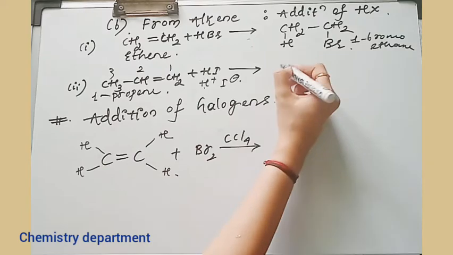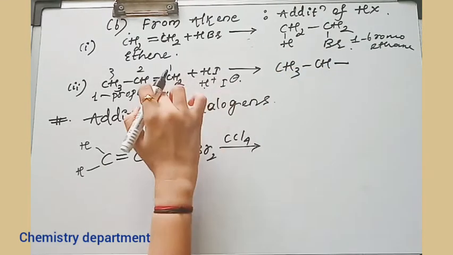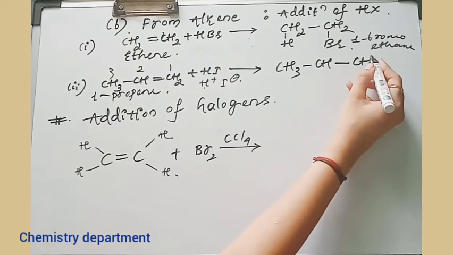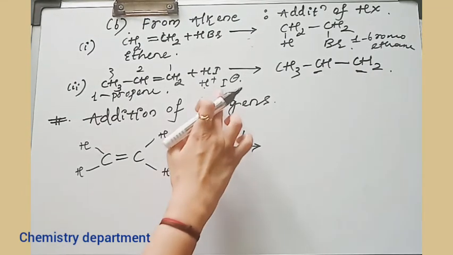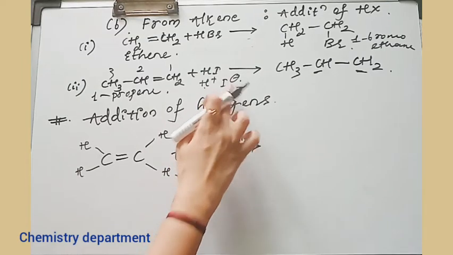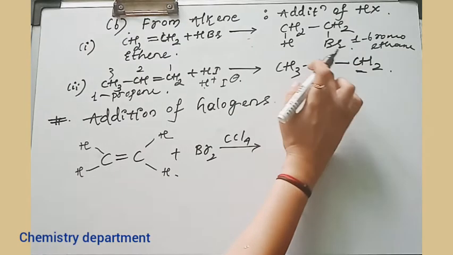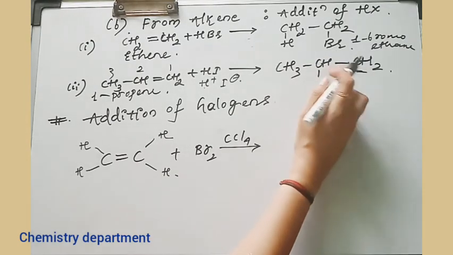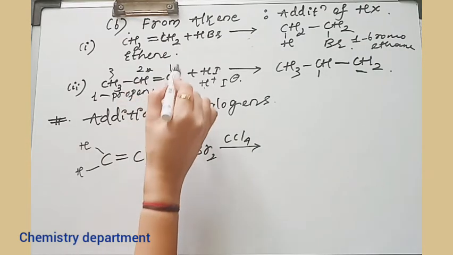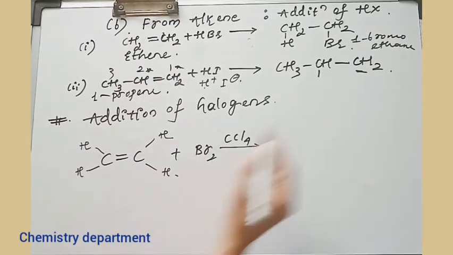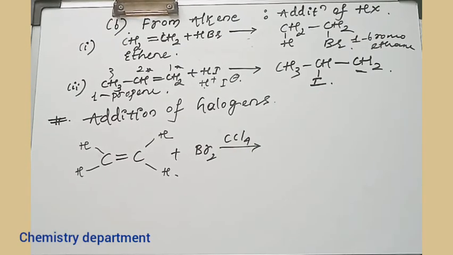That is why we are following Markovnikov's rule. So what happens is, you can see CH3, CH, you have to break this double bond, and CH2. These two carbon atoms you have to see. The negative part of the adding molecule is nothing but I minus. That will be substituted to the carbon involved in the double bond having less number of hydrogen. This carbon is having one hydrogen. This carbon is having two hydrogen. So the negative part is added to the carbon having less number of hydrogen.